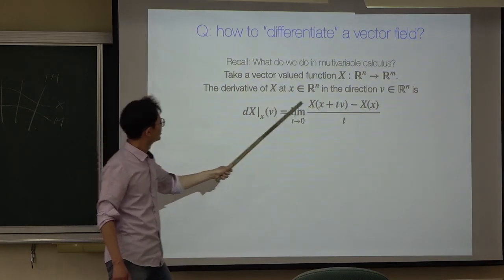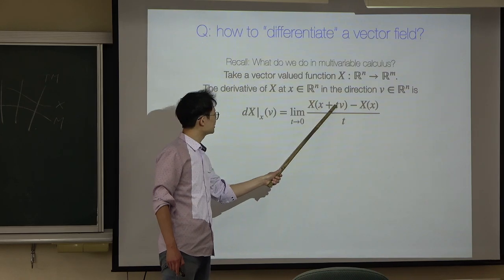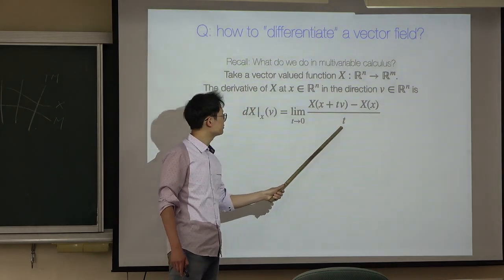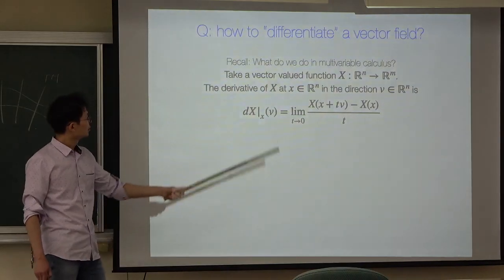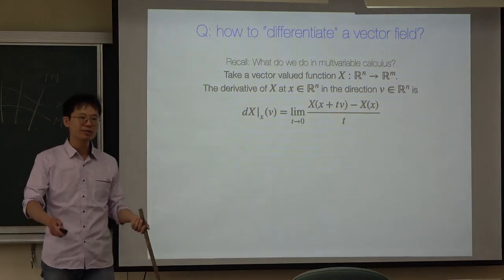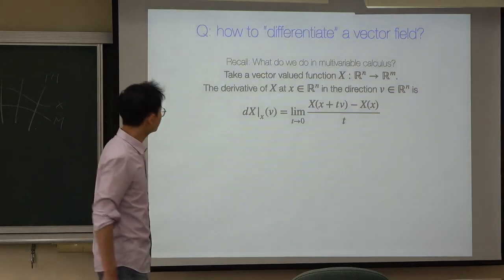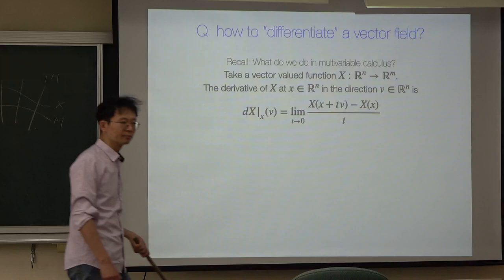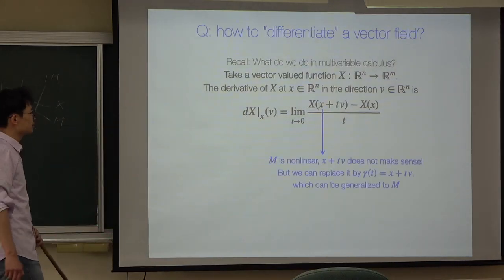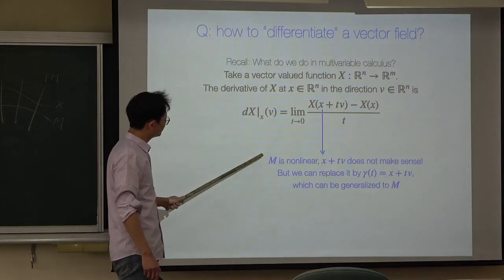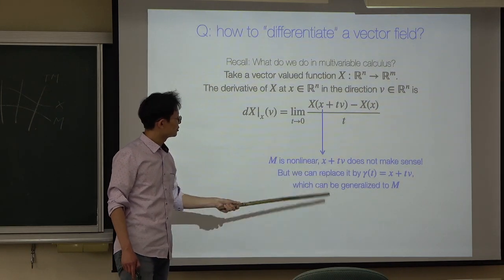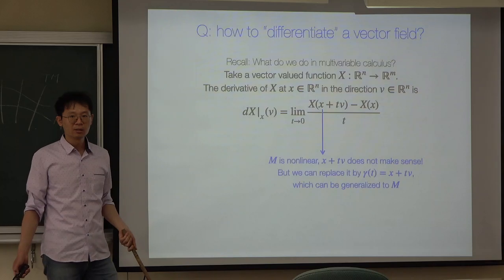You simply move the point x by a bit in direction v, and you do the difference subtraction, and you divide it by t. That is how you do the differentiation. Easy. But can you just do a generalization of this formula to the manifold setup? Unfortunately, the answer is no, because the manifold is nonlinear. So x plus tv does not make any sense.